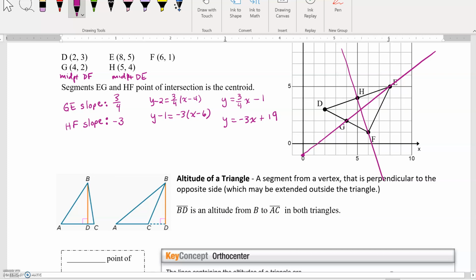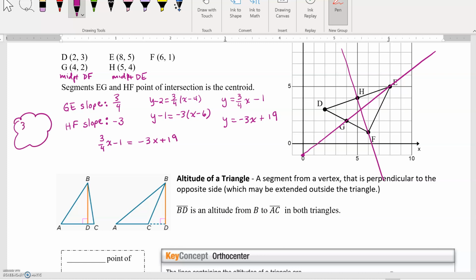So now we need to see where those two lines intersect by substitution. Since they're both equal to y, we can set them equal to each other. Add 3 to both sides, and over here I'm thinking 3/4 is the same as the decimal 0.75, so I'm going to have 3.75x equals, and then I add 1, I get 20.